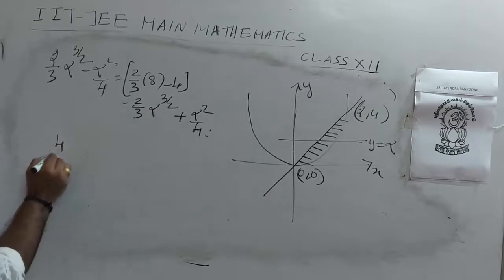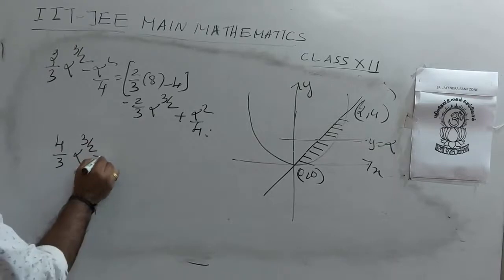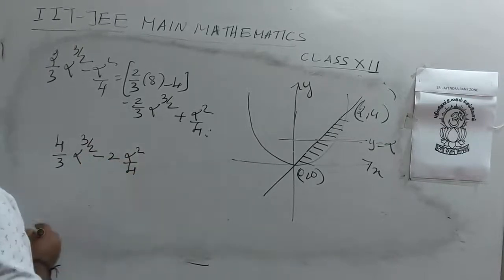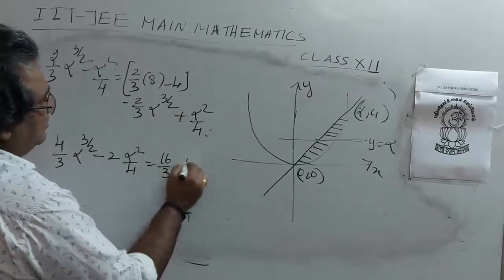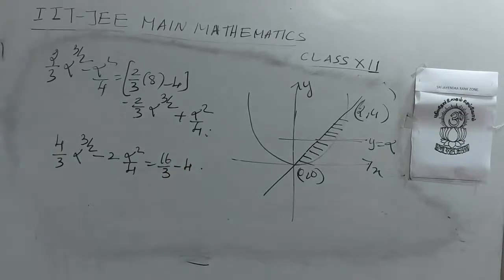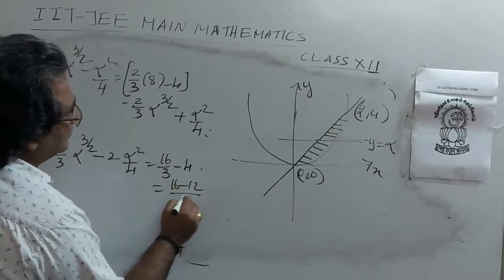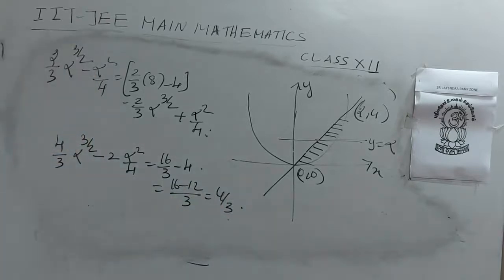Bring this side. 4 by 3 alpha power 3 by 2 minus 2 times alpha square by 4, 16 by 3 minus 4, equal to 4 by 3.